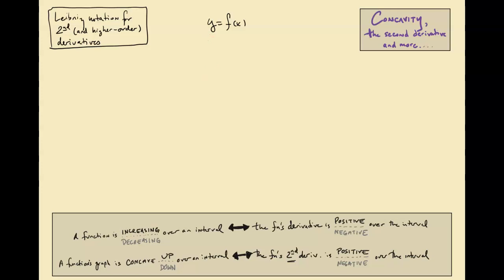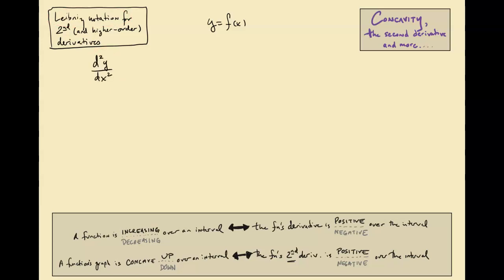And in prime notation, the second derivative is obvious. It would be y double prime or f double prime of x. But what would it look like in Leibniz notation? Well, it's ugly. Instead of something nice like f double prime of x or y double prime, to express the second derivative of y with respect to x in Leibniz notation, we write this horrible thing.